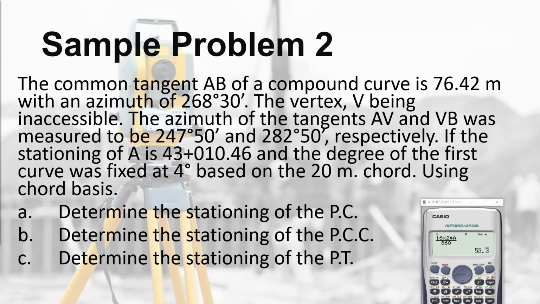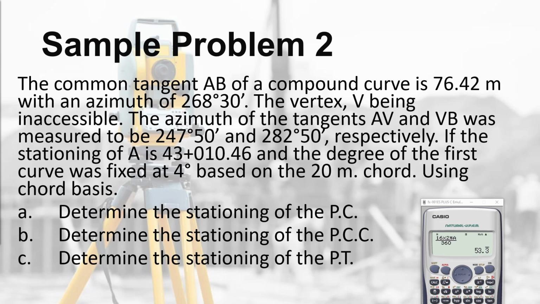So, the common tangent AB of a compound curve is 76.42 meters with an azimuth of 268 degrees and 30 minutes. The vertex V being inaccessible. The azimuth of the tangents AV and VB was measured to be 247 degrees 50 minutes and 282 50 minutes respectively.